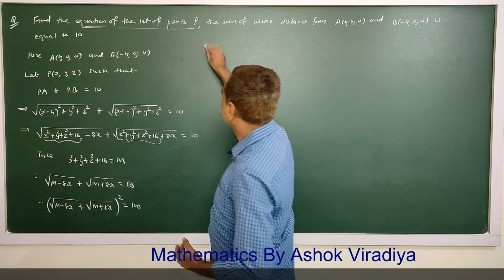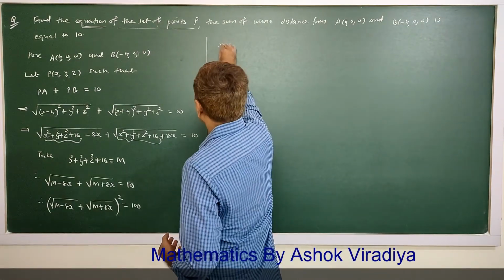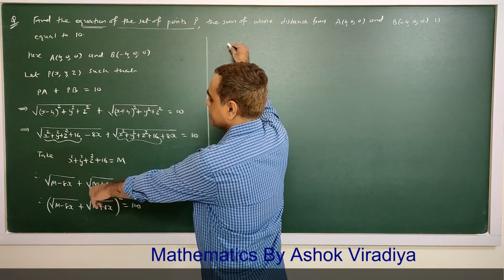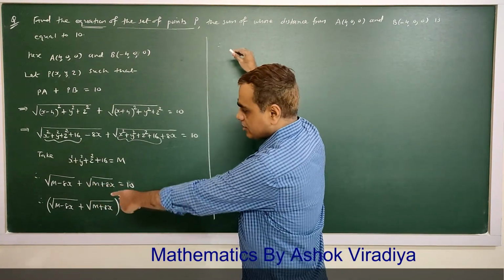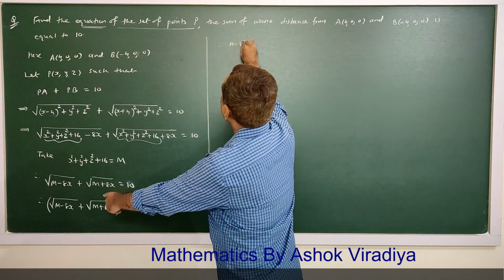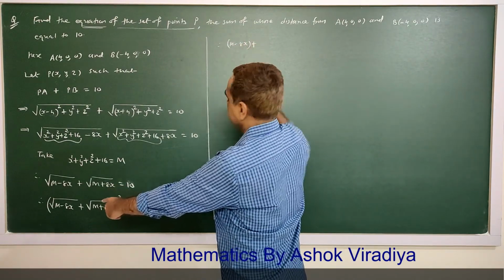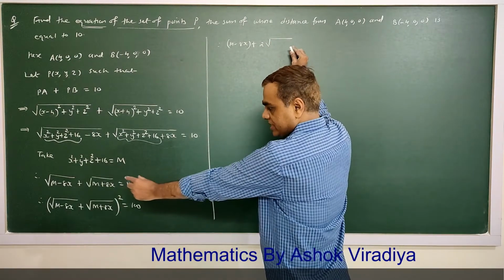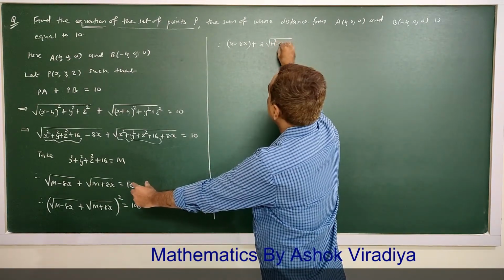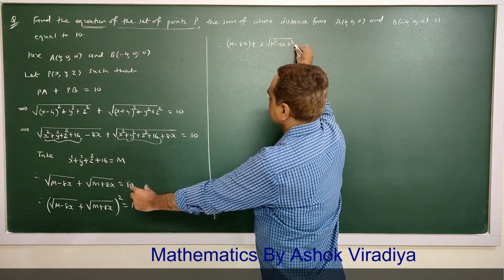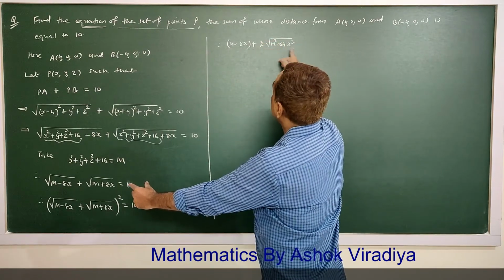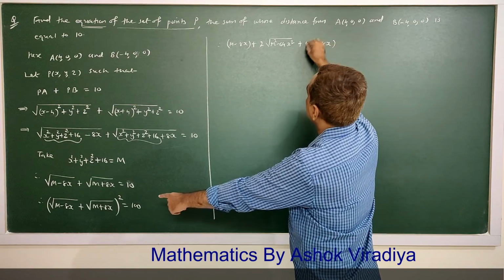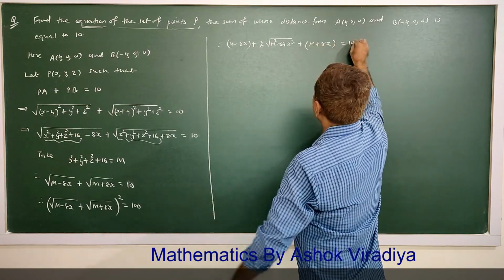So therefore, m minus 8x, it is like a plus b whole square, so a square is m minus 8x, middle term is 2 times square root of a into b, that is m square minus 64x square, plus last term will be m plus 8x equal to 100.